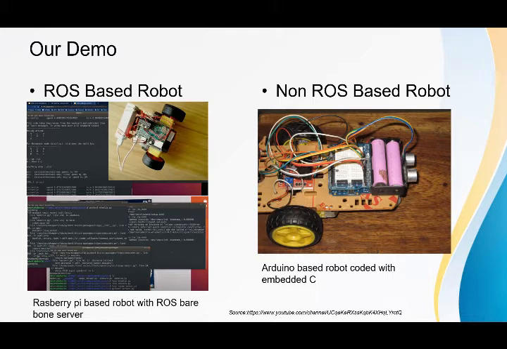Then, at this corner, on my left, I have a ROS-based robot which uses Raspberry Pi, and it was integrated with ROS to measure the values of the sensors and give real-time feedback to the controller. I'm going to give a video demo that explains all this, so we can see how to compare a ROS-based and a non-ROS-based robot, and why we should consider using a ROS-based robot. In the real world, it's really advisable.